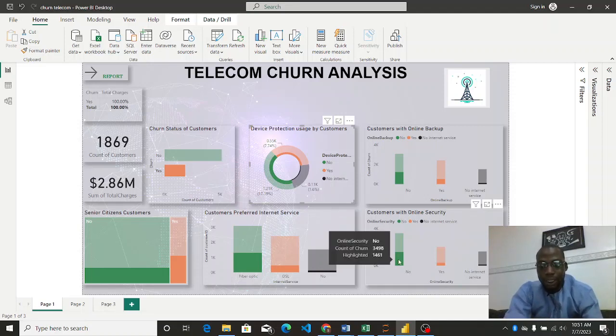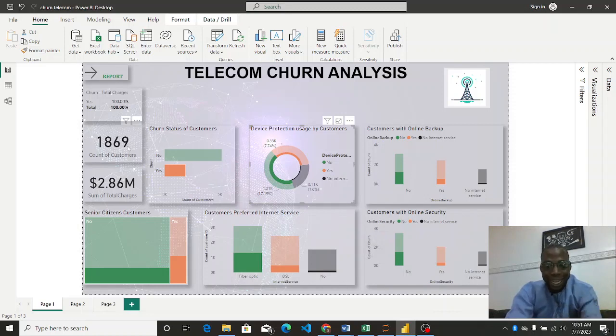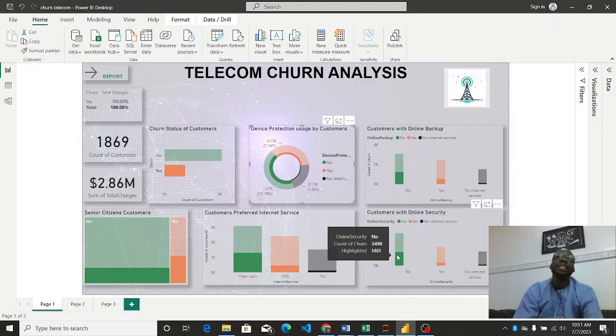But from this we can see that 1,461 of these 1,869 do not make use of online security. That means they are very vulnerable to viruses and hackers.